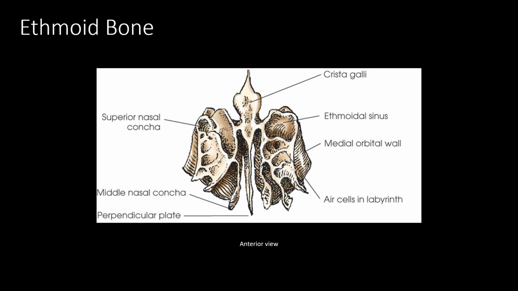The superior nasal concha and the middle nasal concha form the nasal passageways and the connections to the sinuses. We'll cover the sinus system when we cover facial bone anatomy, but all sinuses connect back to the conchas of the ethmoid bone, the middle and the superior conchas.